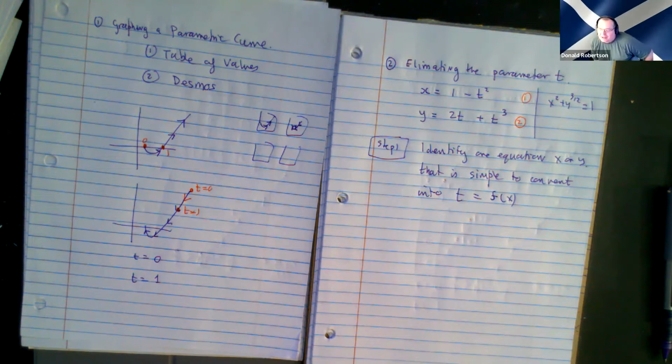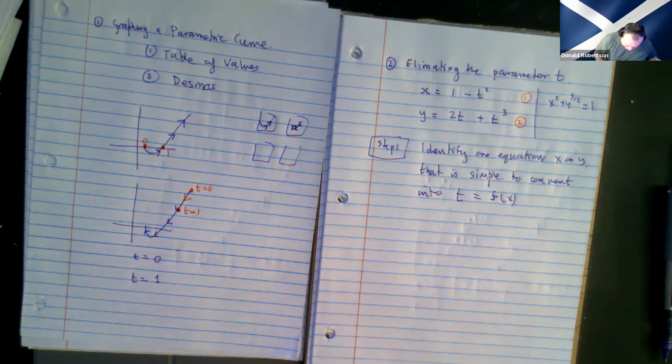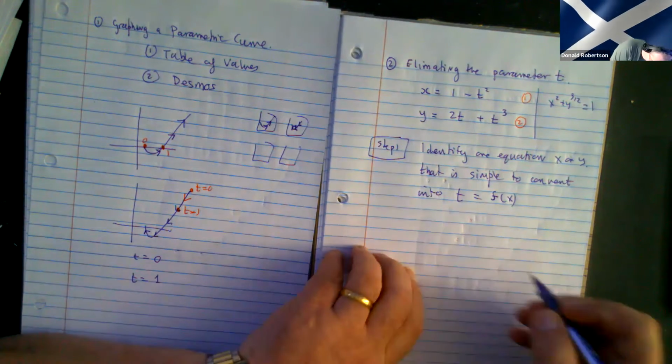That is a very good point. If there's only one t in it, I would probably go that road, right? Now, if both of them have one t in it, you go to the one that looks like the t's easier to suck out, right? If it was 2t plus 1, and the other one was e to the t minus 40 or something, pretty easier to do the first one, right? That would be a suggestion. So let's choose that one.